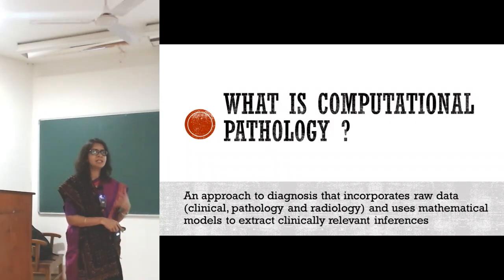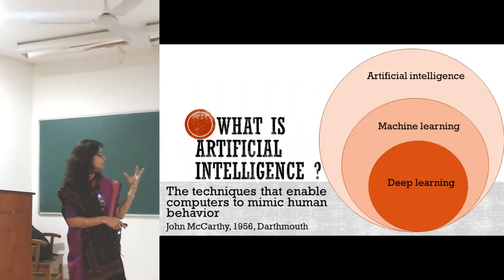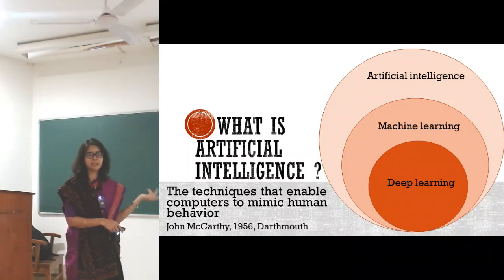Just looking at scanned images wasn't taking us far, but by working with data scientists, we can look at details which are not possible for the human eye to see, looking at the image through the microscope or just on the slide. I am not going to be talking about the technical details of artificial intelligence and machine learning.